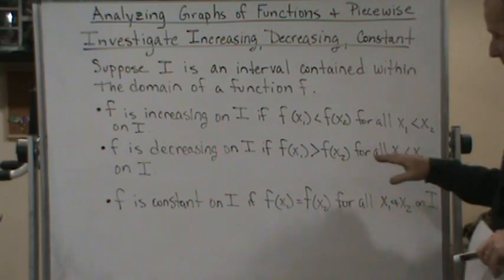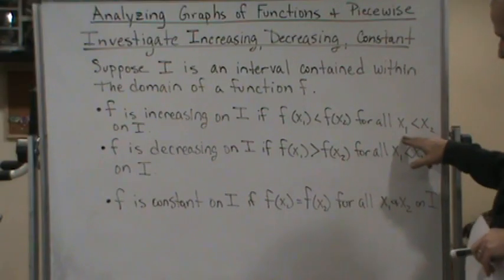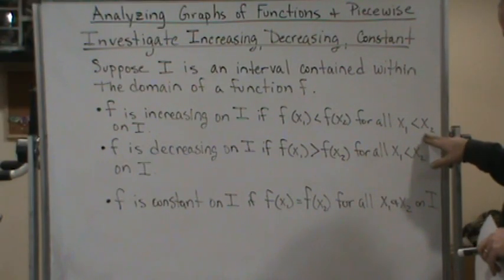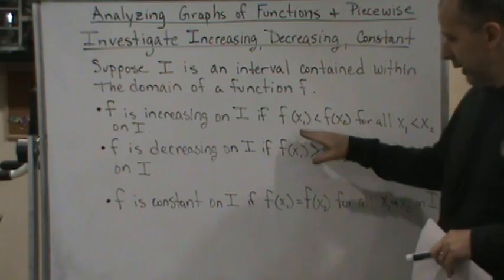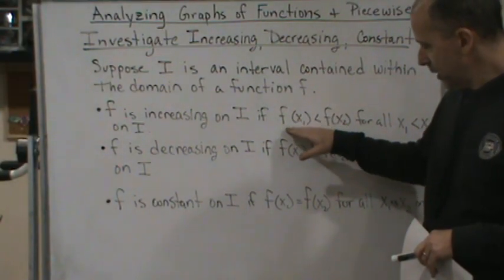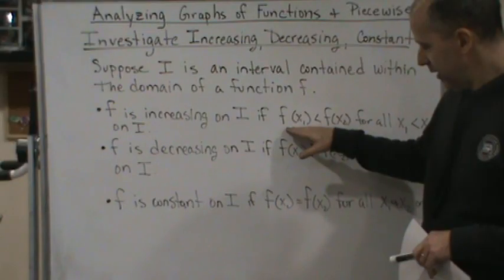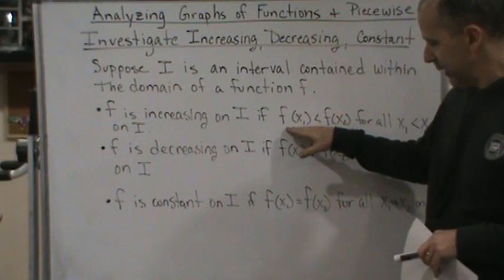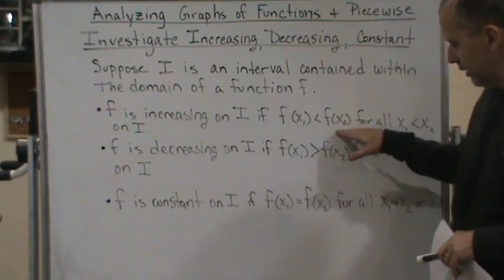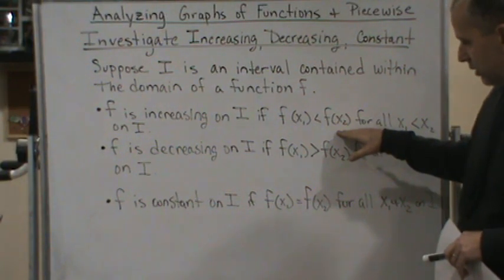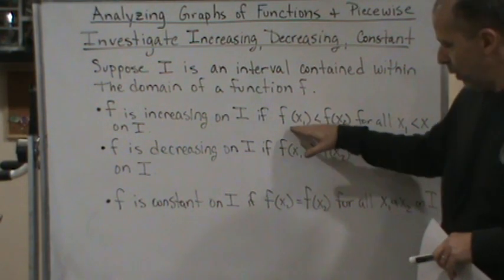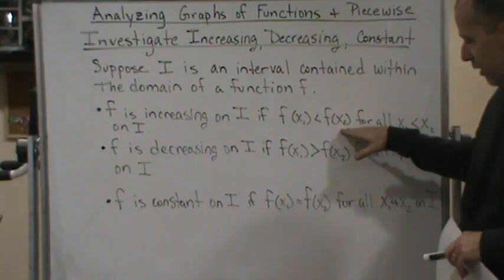Okay, so that means for all values x1 and x2, where x1 is less than x2 on the interval, we get that the function f evaluated at x1 is less than the value of f of x2, which means the y value here is less than the y value here.